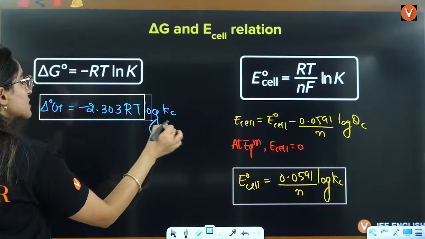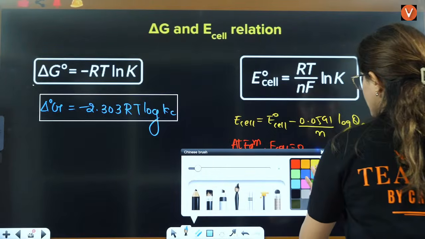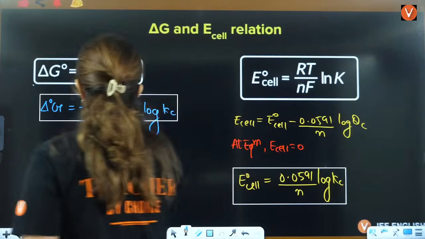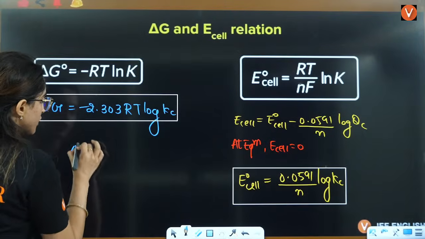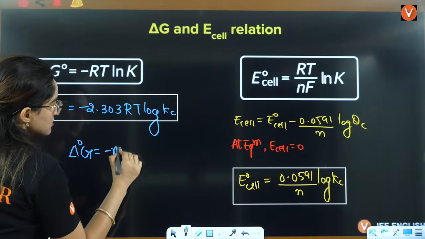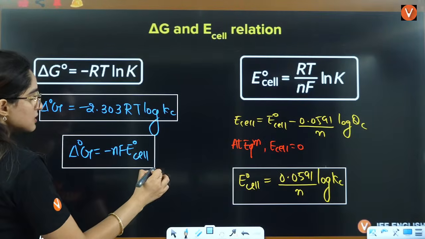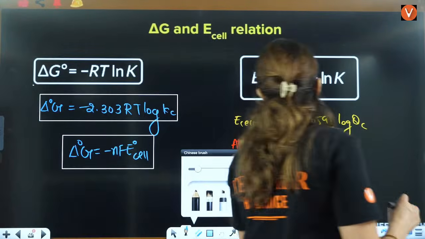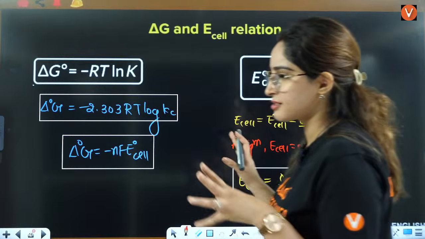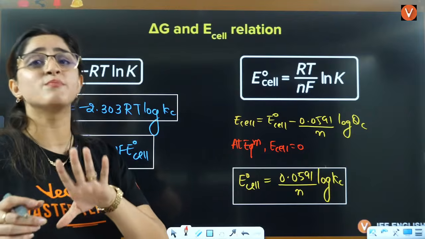These are the formulas that you must know for your numericals. Another is delta G naught equals minus nF E naught cell. These are the formulas they can ask directly. You just have to put in the values, it's quite simple, right?